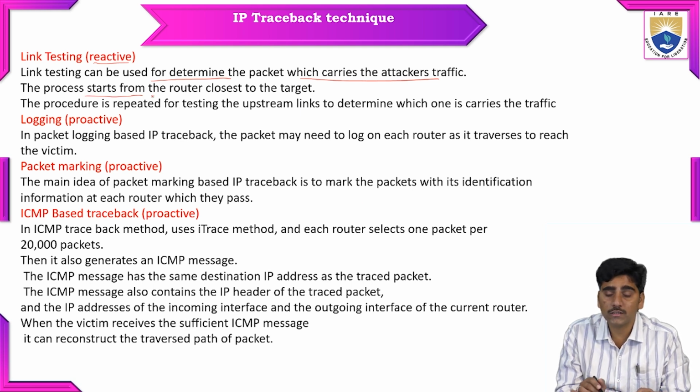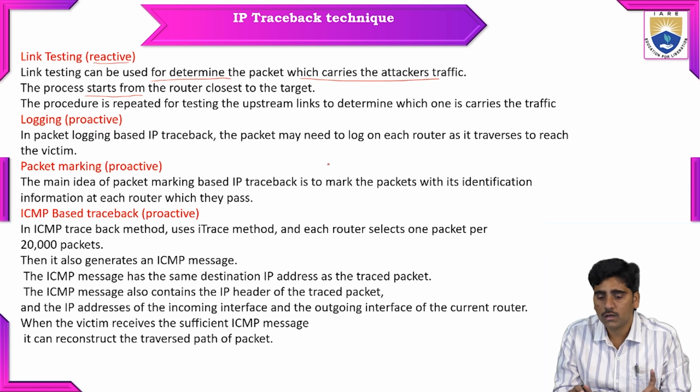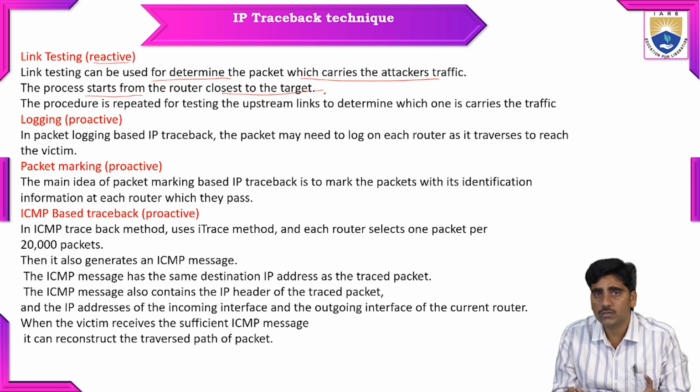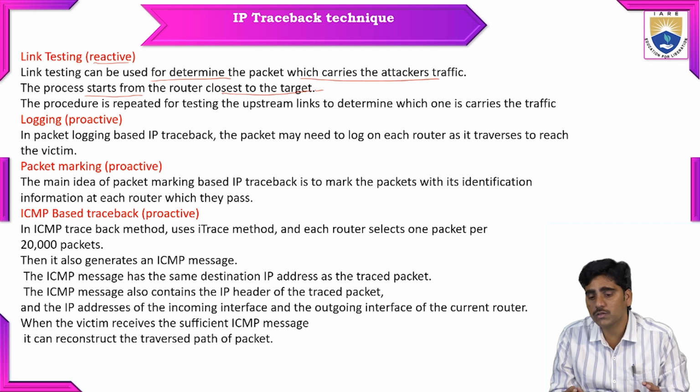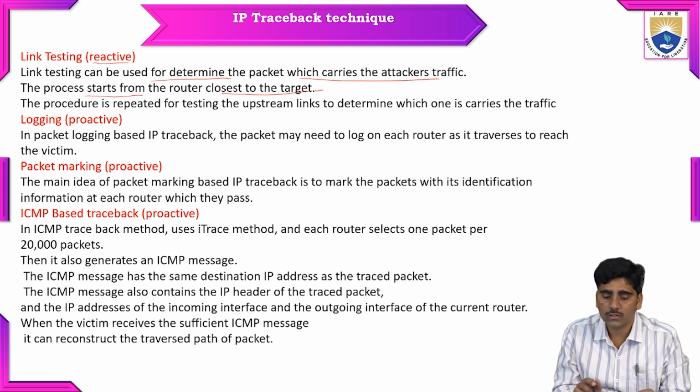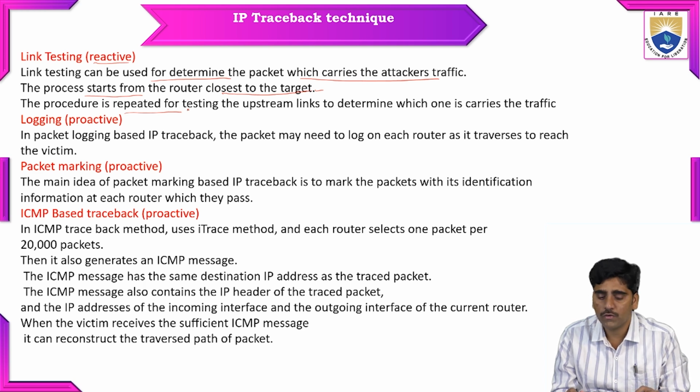The process starts from the router closest to the target. Whichever router is closest to the target, the link testing process will start from there. The procedure is repeated for testing the upstream links.